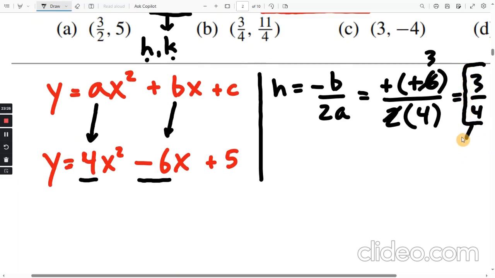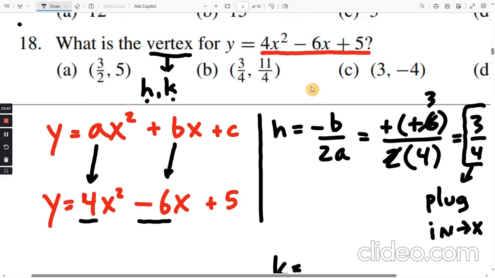You want to take the 3/4 in order to get k and plug it in place of x, because that's the x coordinate of the vertex. In order to get the y coordinate, you just plug it in. So for the value of k, you plug in the 3/4 here and here.